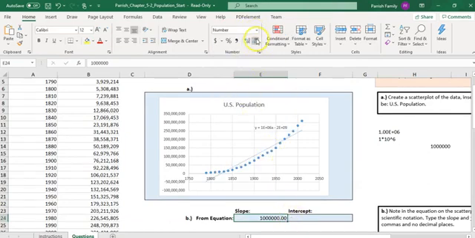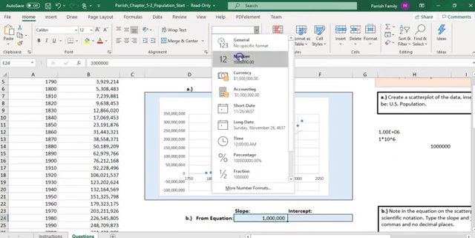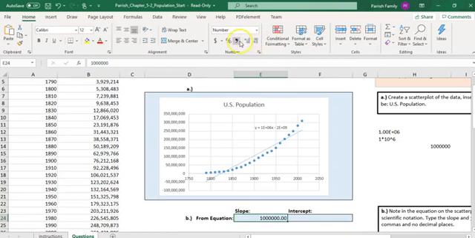We don't want any decimal places, but we want commas. So I've got to make sure I get rid of my decimals again. So we've got the number 1 million with commas and no decimal places, formatted as a number.